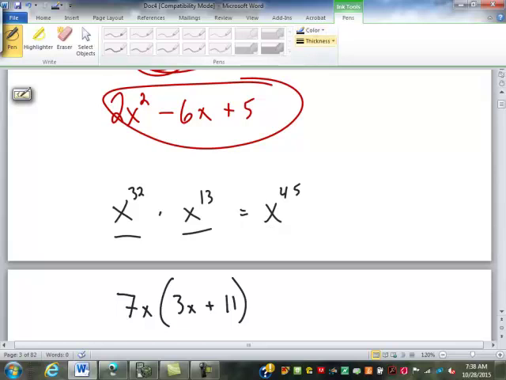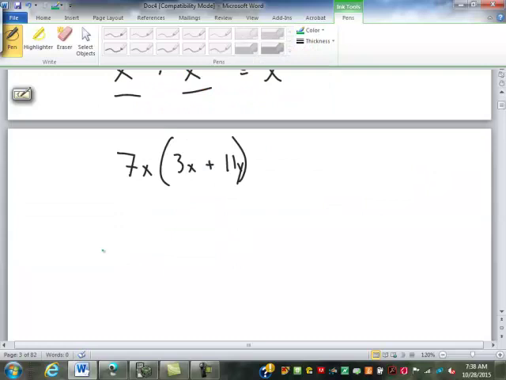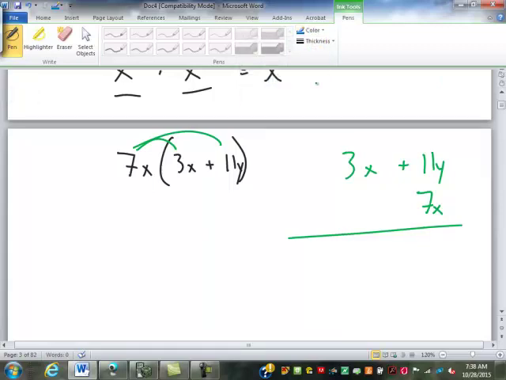How's about something like, let's do this. Well, something like that. Well, I can either do the distributing like that, or I can write it out. Perfect, yeah. 7x times 11y is positive 77.